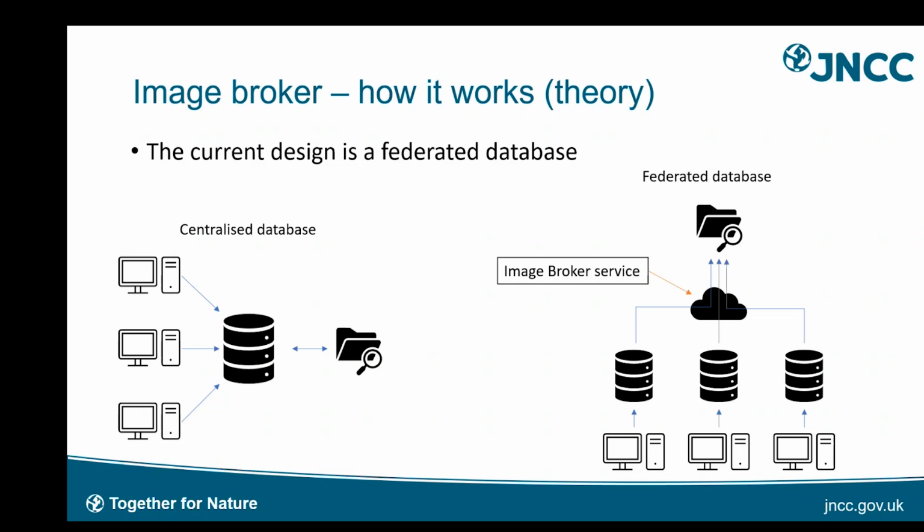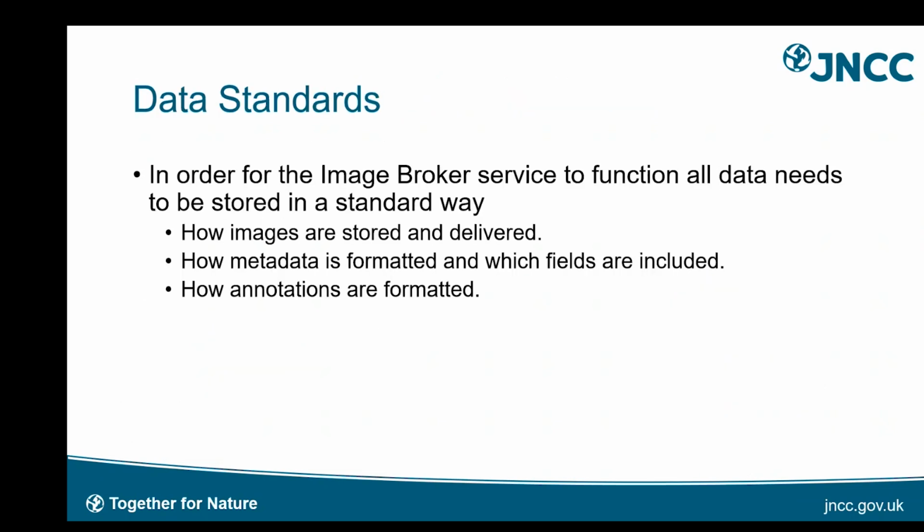So as part of the MNCA project, we reviewed current existing data standards. So there are three main components of this work. So it's the images themselves, how they are stored and delivered when kind of stored on the internet, how the metadata for the image and the image data set is formatted, which fields need to be included, any mandatory fields which are vital in terms of data processing, and how annotations are formatted.